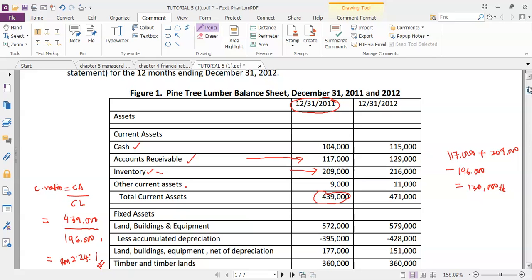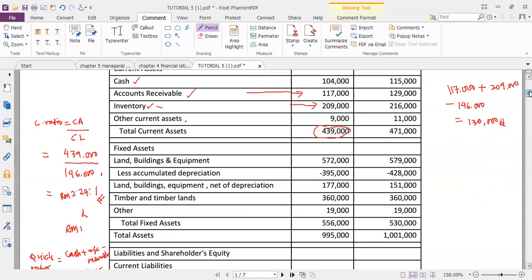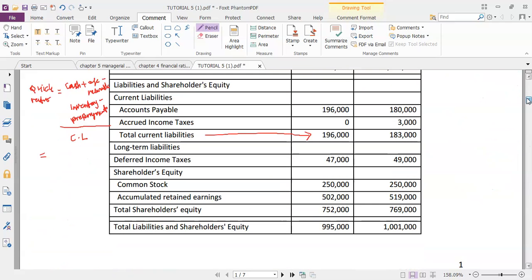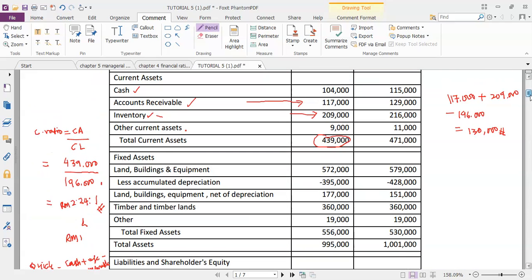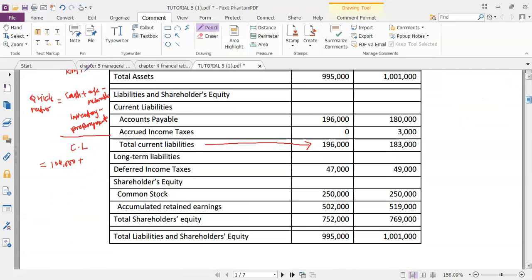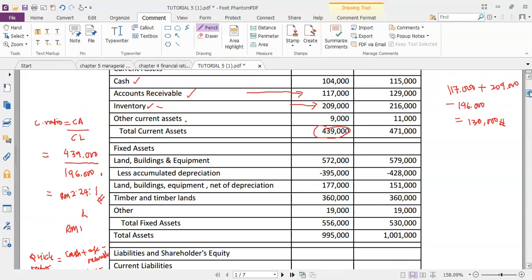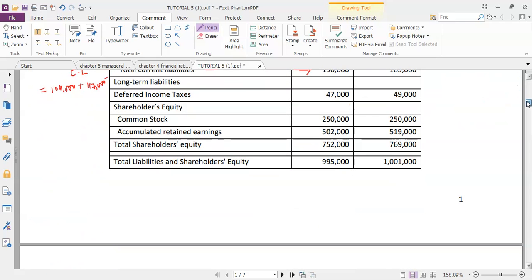So let's do it. Cash is 104,000, plus account receivable. How much is our account receivable? 117. Minus inventory. How much is our inventory? 209.